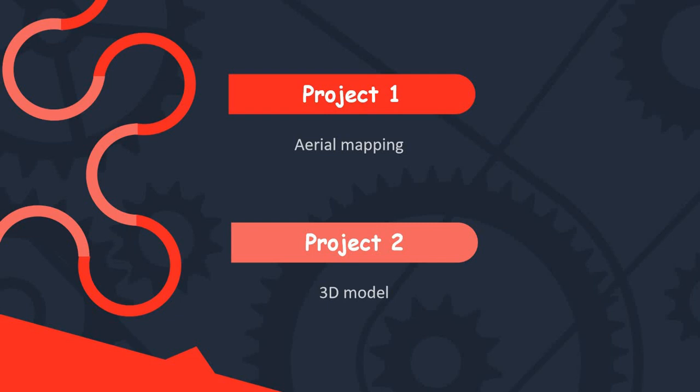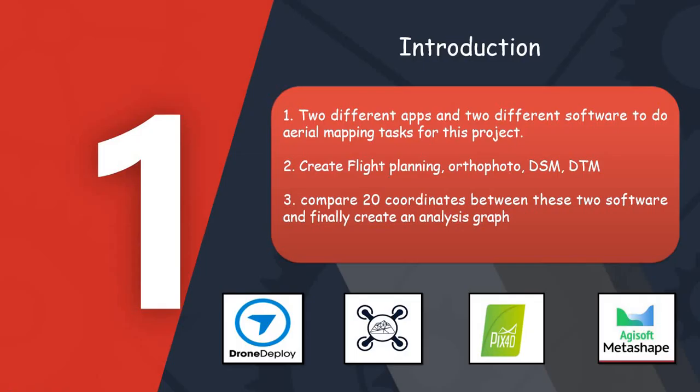The first project, Project 1, is for aerial mapping, and Project 2 is a 3D model. For Project 1, the introduction: we are assigned to use two different apps and two different software to do aerial mapping tasks. We have chosen two apps, Drone Deploy and 3D Survey Pilot, to create the flight planning.